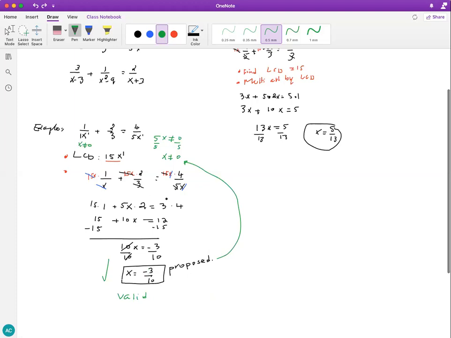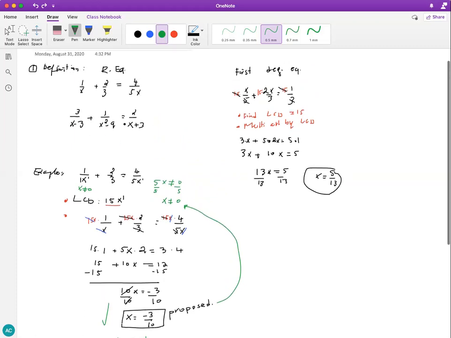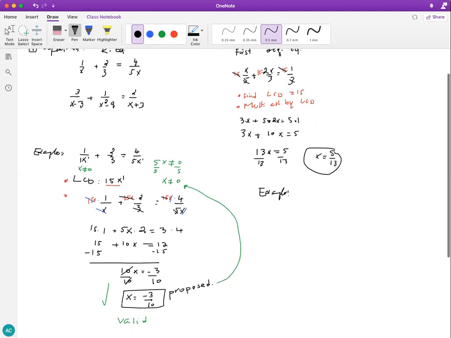Let's take another example, maybe something like this with these binomials and trinomials. You'll possibly see an example of this, and this will make more sense if we get a value that's undefined. The example I'm looking for is this.